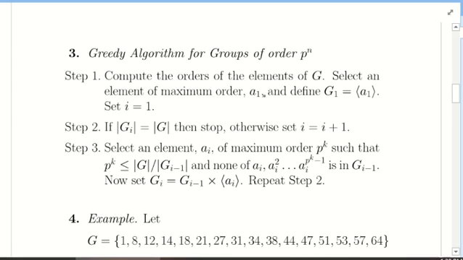But say I figure out all the orders, then take any element of maximum order. So say there's an element of order 16. Well, then we know what the answer is. G would be isomorphic to Z mod 16, since it would be cyclic itself.